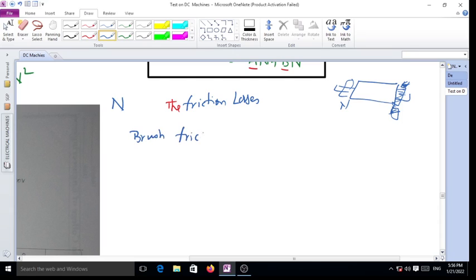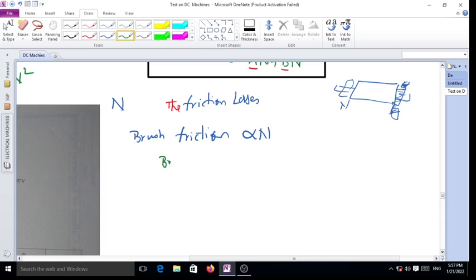Brush friction is directly proportional to the speed. If speed is high, the friction loss is also high. Bearing friction losses are directly proportional to speed to the power of 1.5, and windage losses are directly proportional to the square of the speed. Out of these, the bearing losses are negligible, very small compared to the brush friction and windage losses.